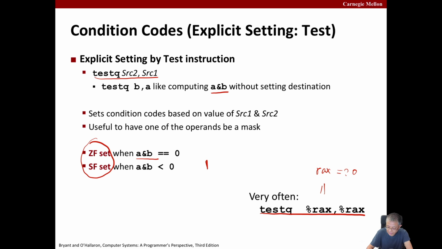Because when you AND RAX with itself, it equals RAX. So now ZF will be set if RAX is 0, and SF will be set if RAX is less than 0. This is often used in the code generated by the compiler.